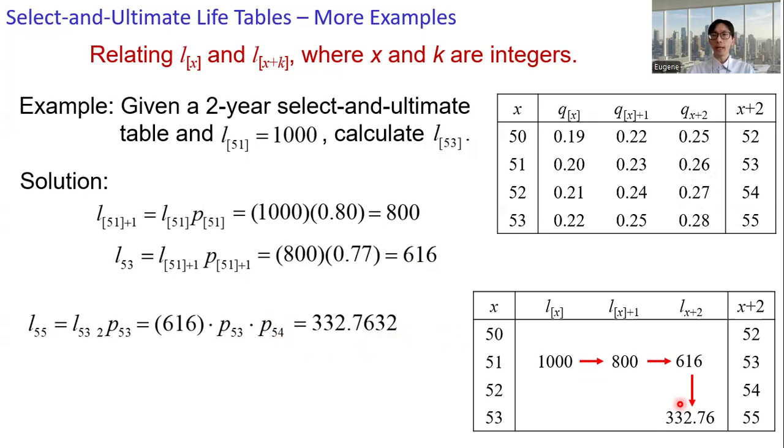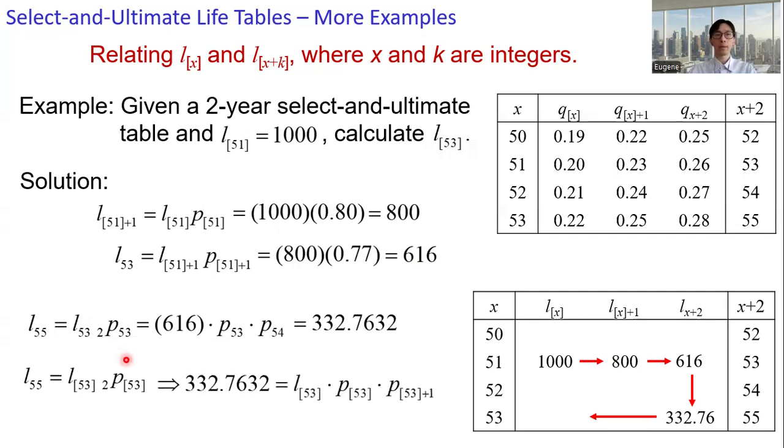And then we can move to the left, get L53 plus 1, and then we can reach L53. We can do it in a single expression. L55, now we are at the select age 53, which is L53 times 2P53, select age at 53. We have the value for L55.